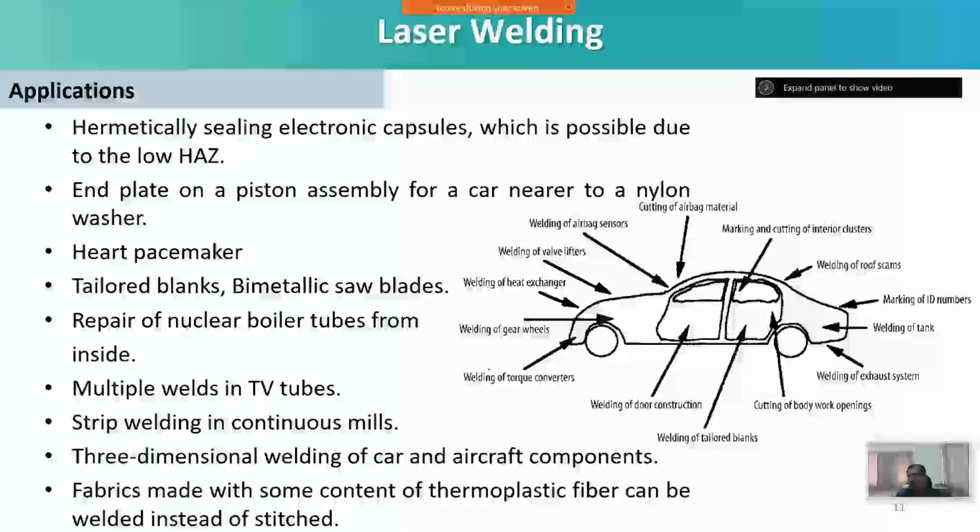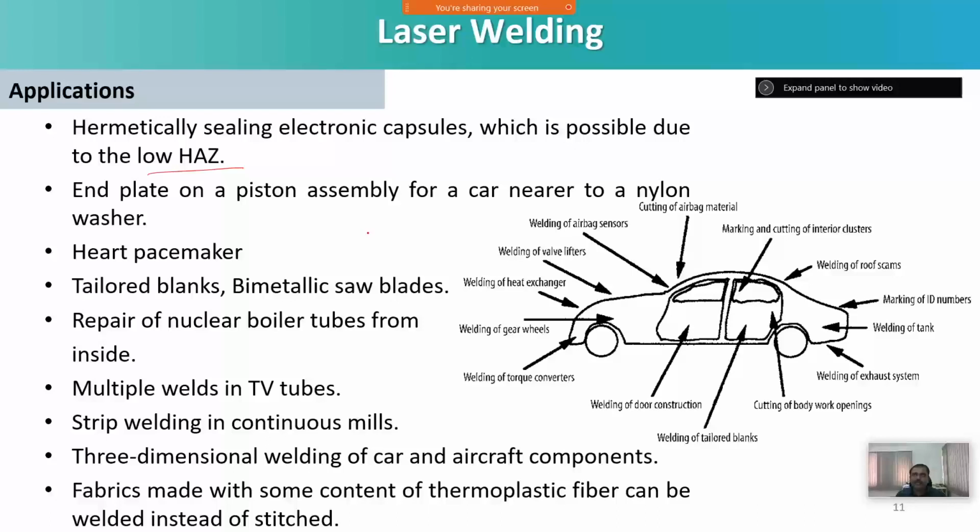Some of the possible areas you can think about for laser welding include hermetically sealing electronic capsules with a low heat affected zone. The better strategy where laser welding overcomes many common welding processes is the low heat affected zone, because the energy diffused into the material is more concentrated.